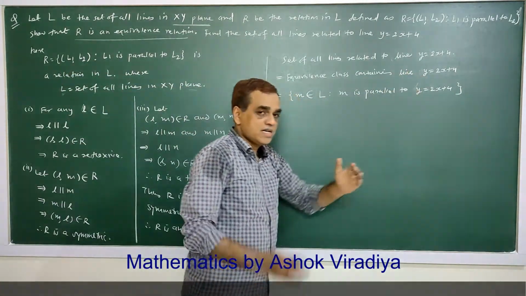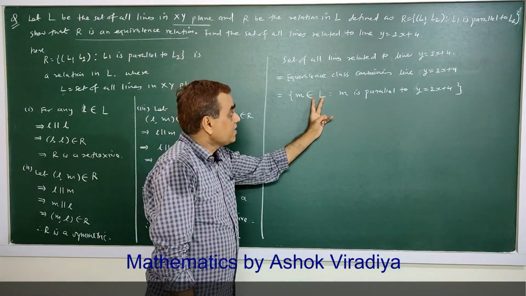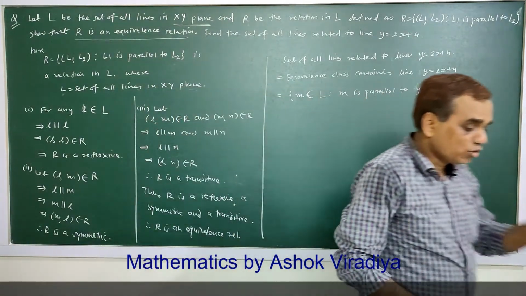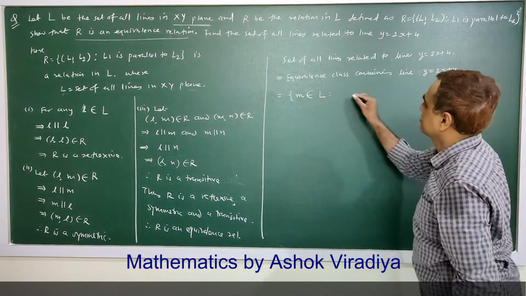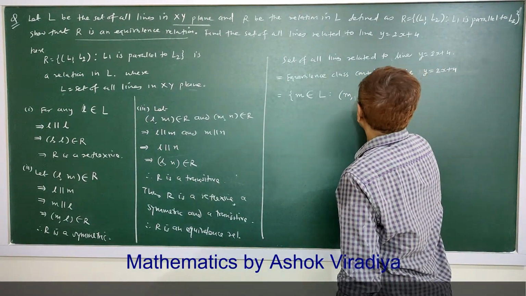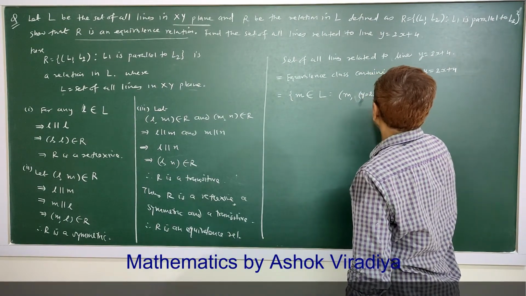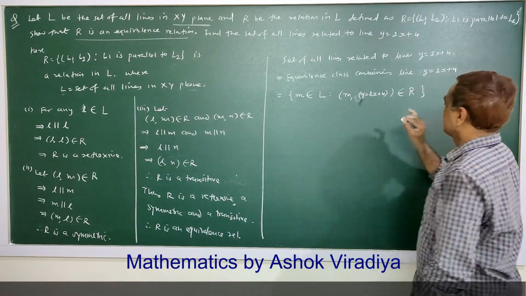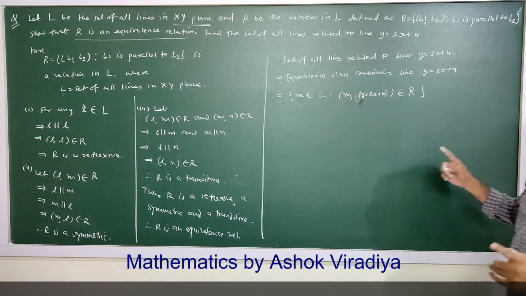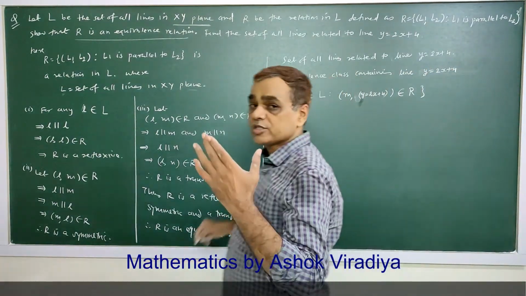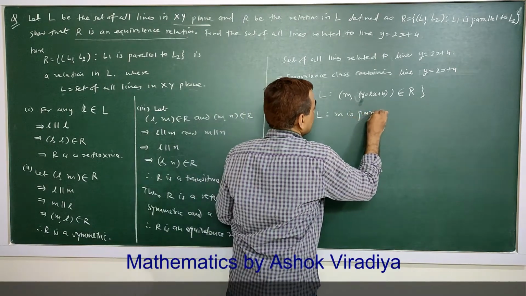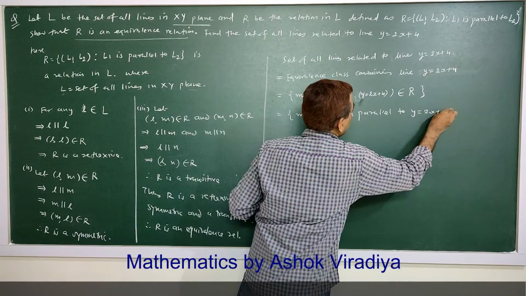The equivalence class containing x is the set of all y belonging to A such that (y, x) belongs to R. So here we can put one more notation: (M, L), where L is y equal to 2x plus 4, belongs to R. This means M is parallel to y equal to 2x plus 4. That is, it is the set of all M such that M is parallel to y equal to 2x plus 4.